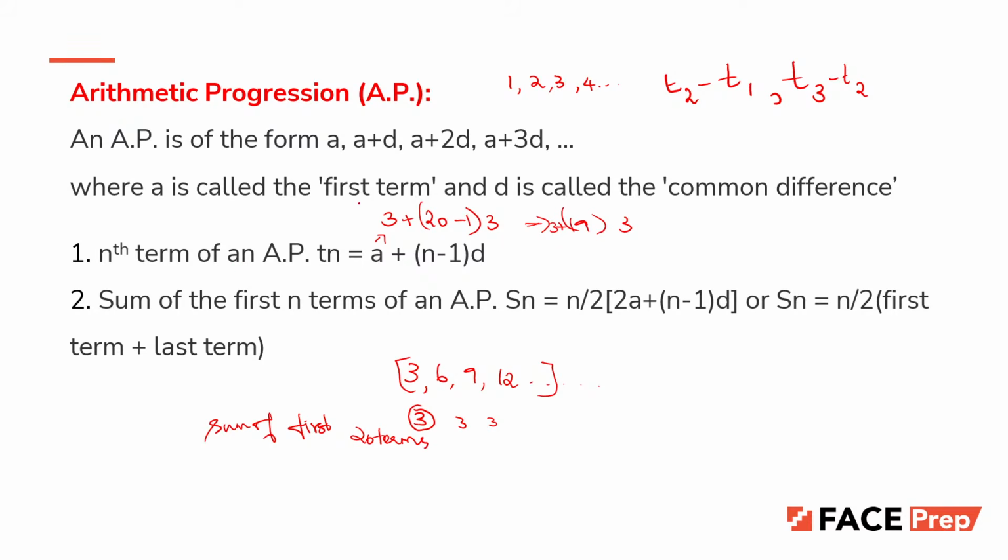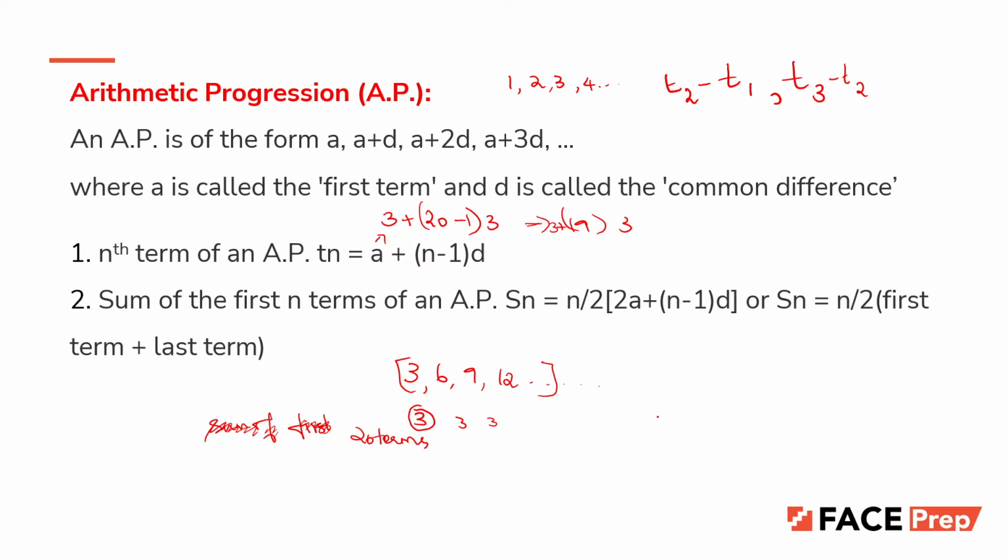So to identify the nth term, I've given you the first 20 terms, right? Just take that and identify the nth term as the 20th term. So you may use the formula a plus n minus 1 into d. Just correct it. Now, the next part is the sum of the first n terms of an arithmetic progression.